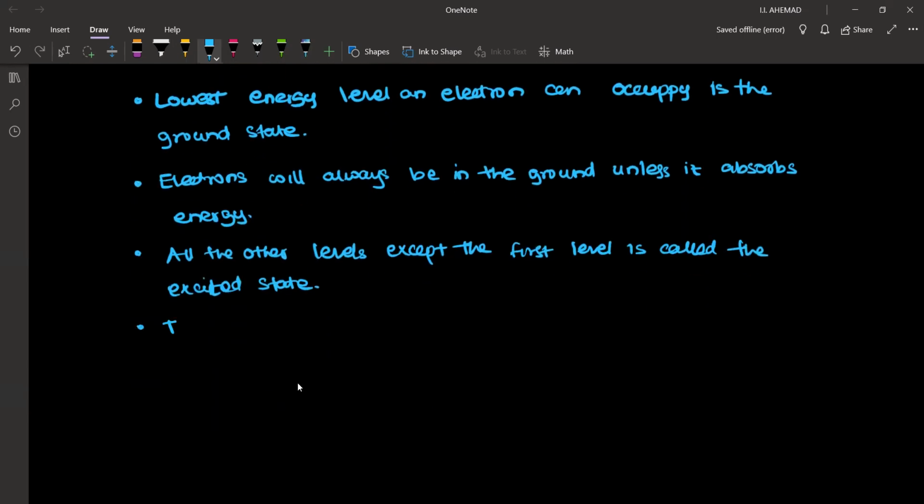The final energy level is called the ionization state.